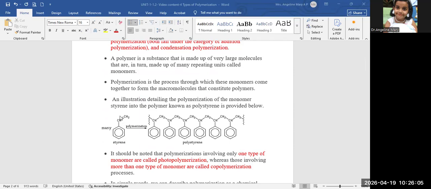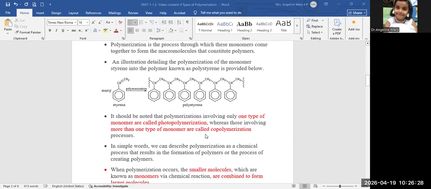The double bond connected to the single monomer will break by undergoing polymerization. This symbol denotes the continuity of the polymer. So this is called polymerization. The example is styrene to polystyrene molecule.